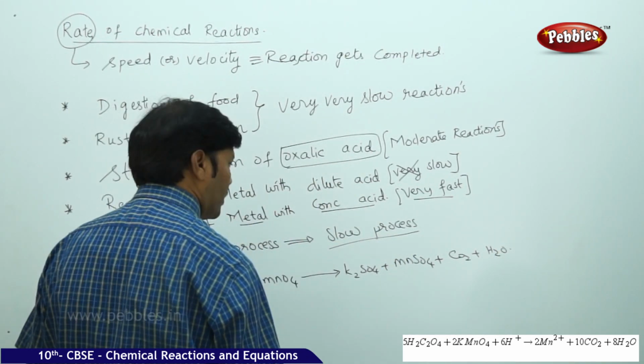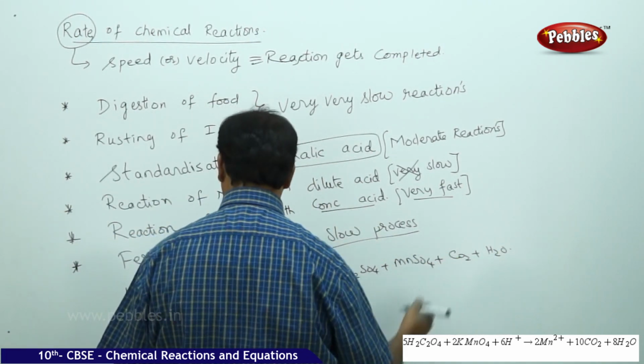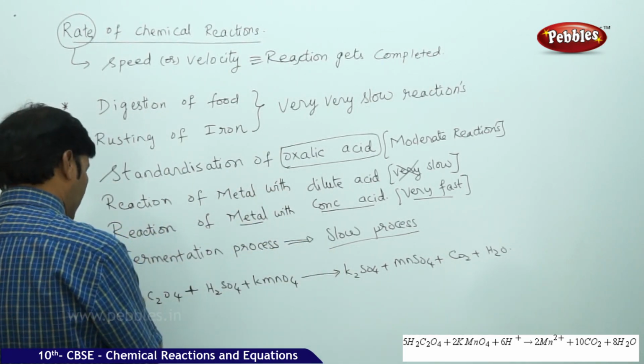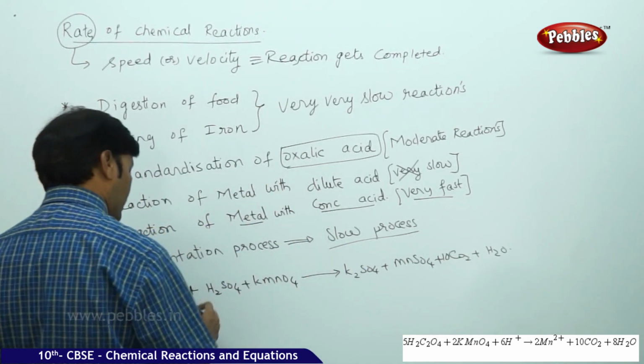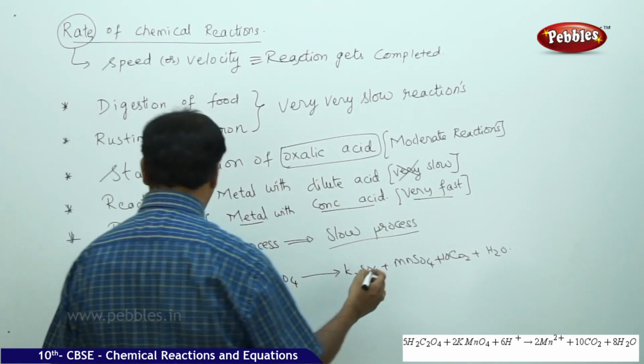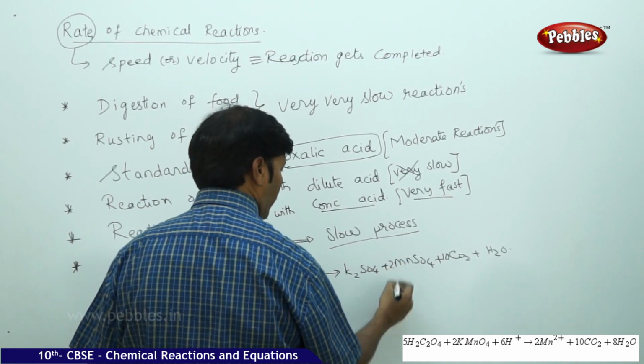If I take 5 here, then here I take 10, and if I take 2 over here, then I take 2 over here.